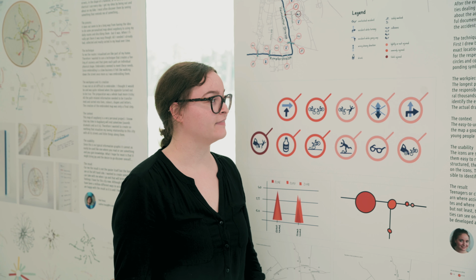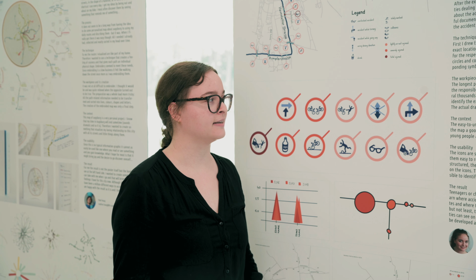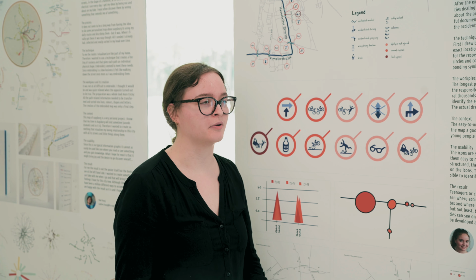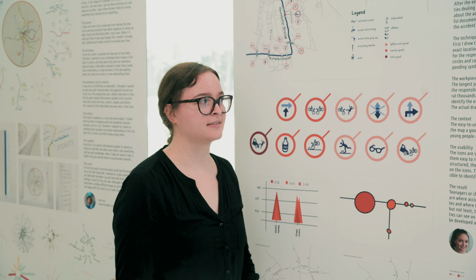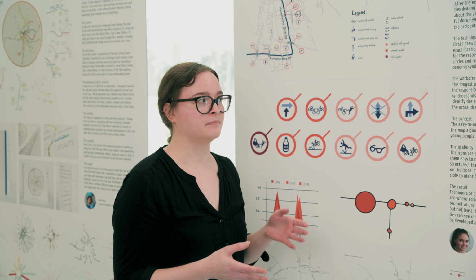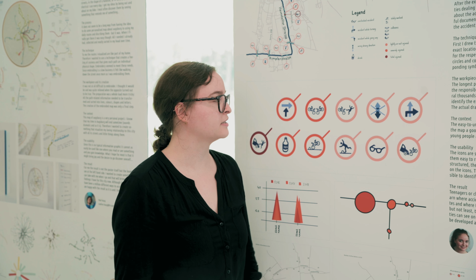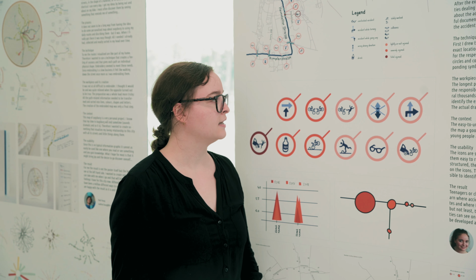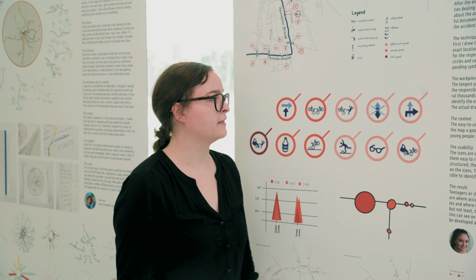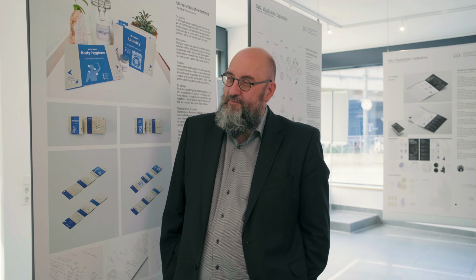Yeah, I developed the icons last, and I took some inspiration from the regular traffic signs. They are very easy to read and understand, and they depict the situation of the accident quite well and explain it in just one picture.